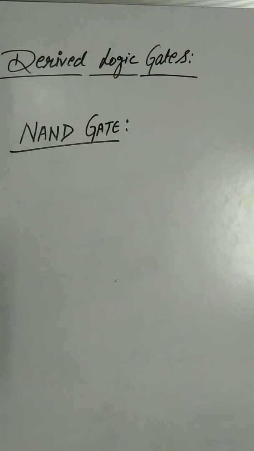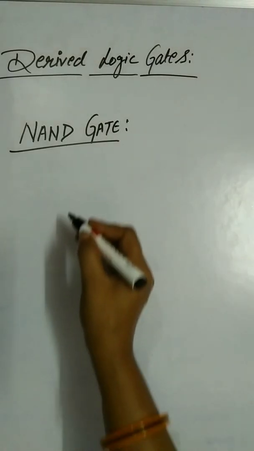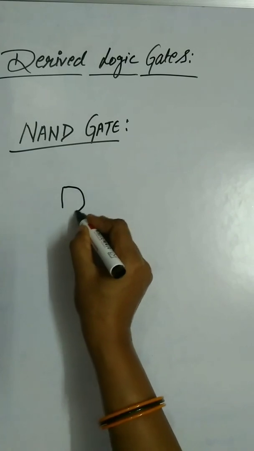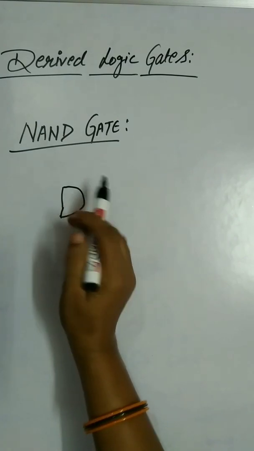It receives two or more input signals but results in only one output signal, which is the complement of the product of all input signals. Okay, let's see the diagram or symbol of NAND gate and the truth table of NAND gate.